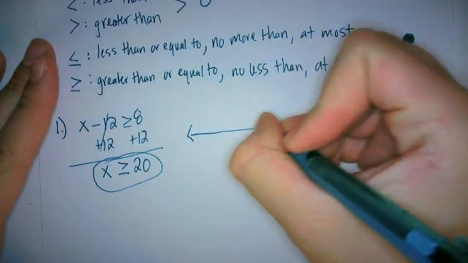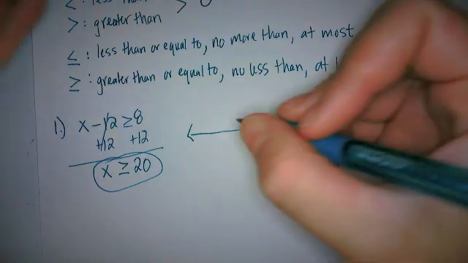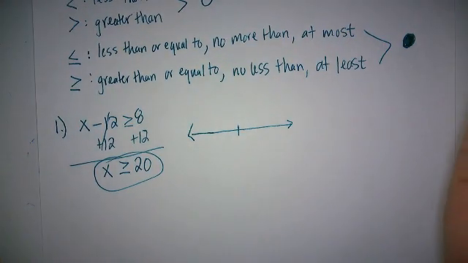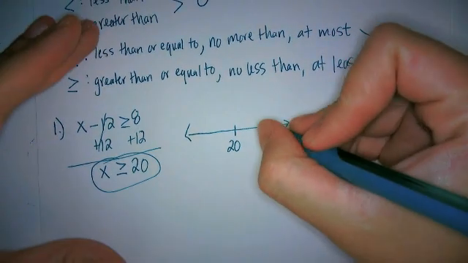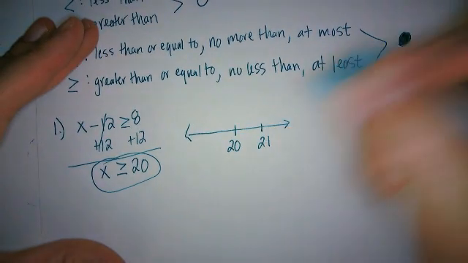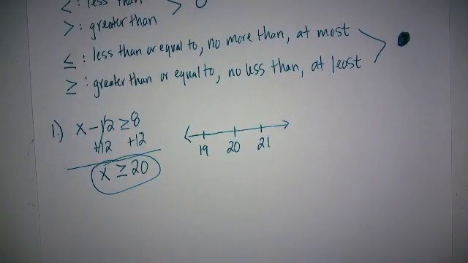Okay, so on your number line, how I do it and how you can do it to maybe save some time is the number that you get goes in the middle. A number greater than goes to the right, a number less than goes to the left, and then we do our circle and arrow.